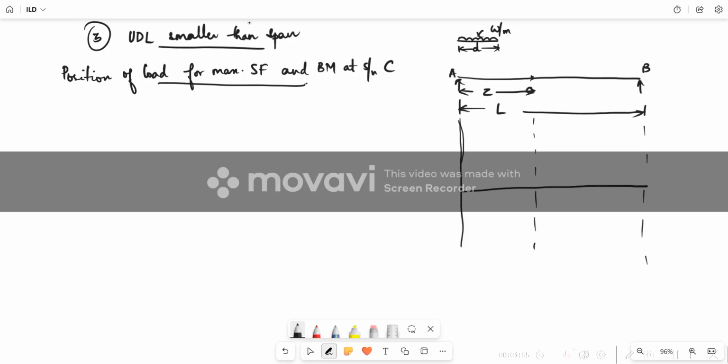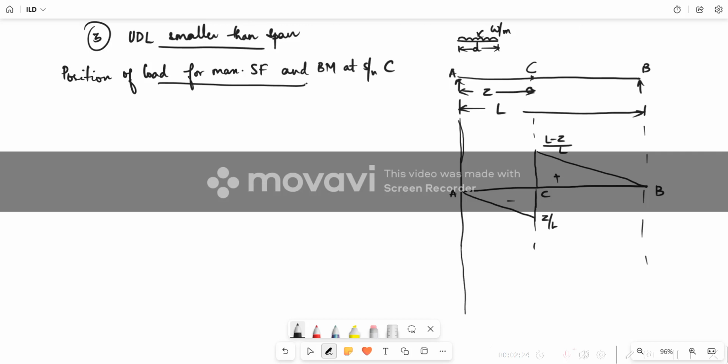When this small d distance load is to the left of C, or it is occupying the portion AC, then you get this negative shear force diagram like this. And when it just moves to the right of C, you get a positive shear force. That is evident from the figure, Z by L and L minus Z by L. So this is A, C and B. This is negative shear force and this is positive shear force.